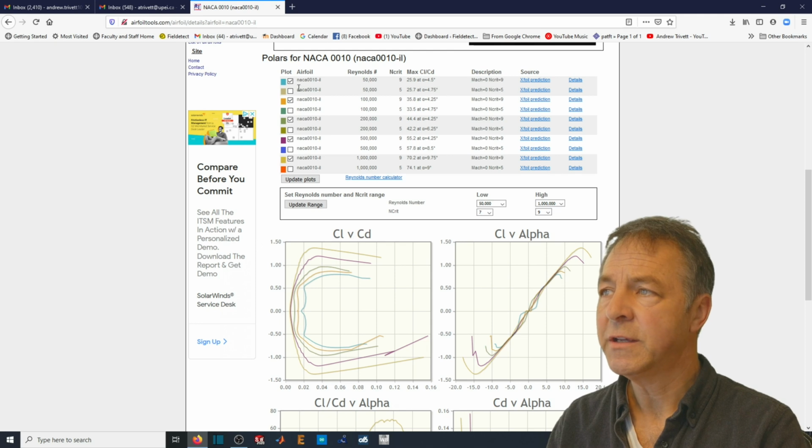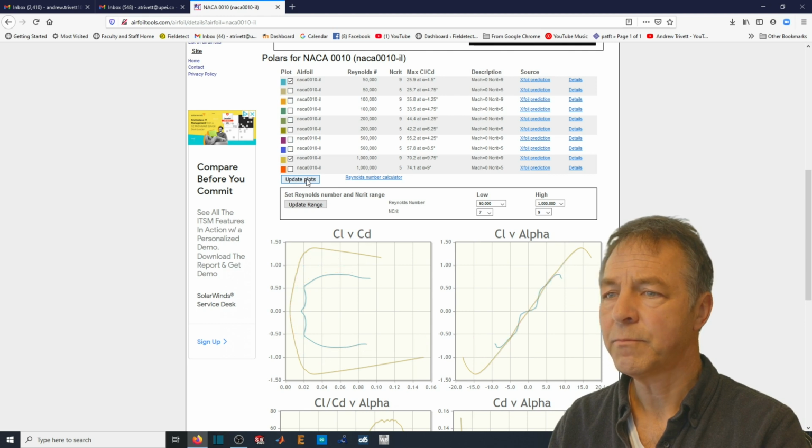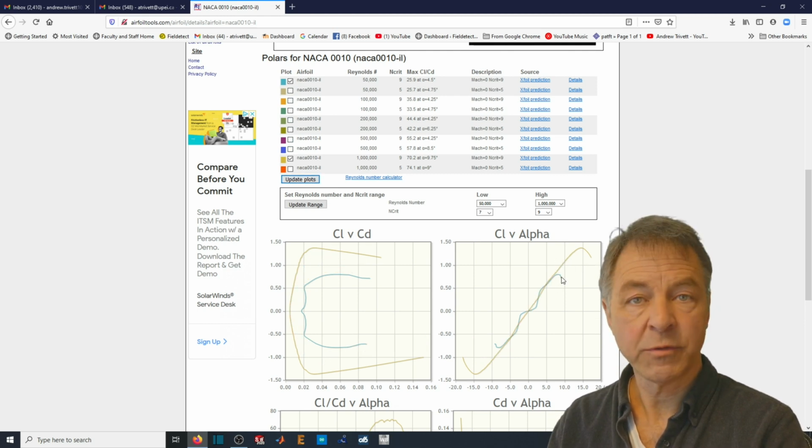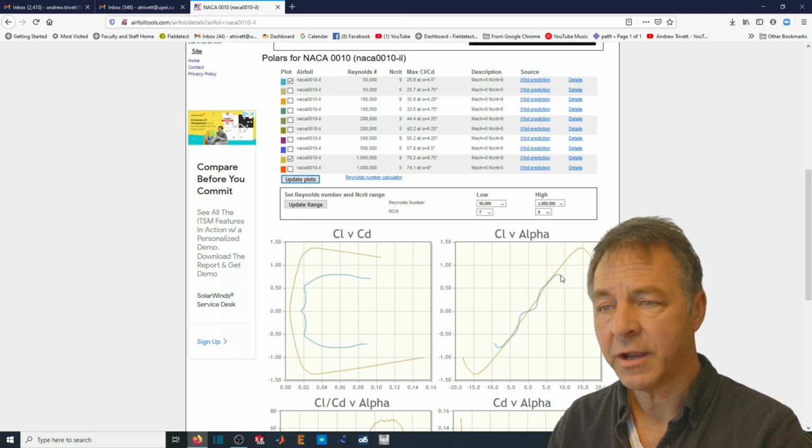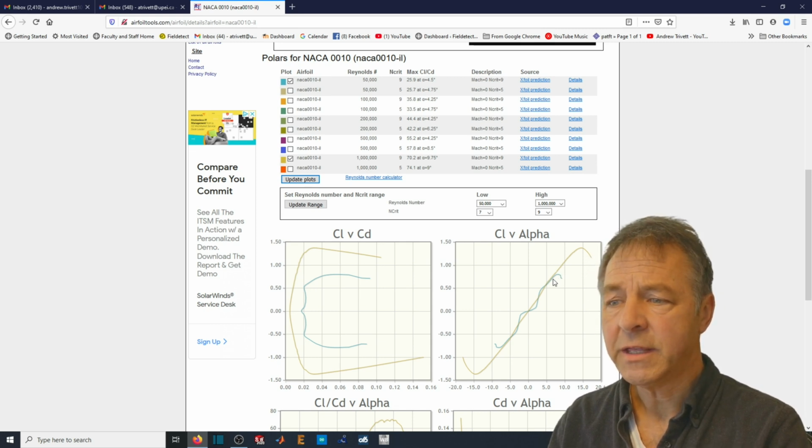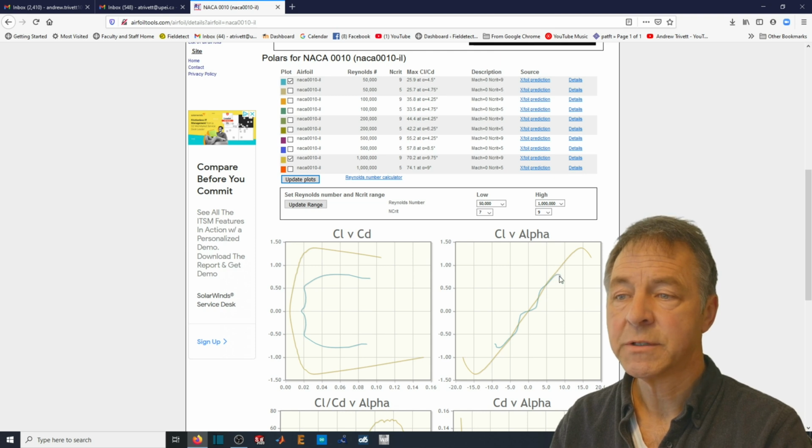So you'll see, if we were to look only at the extremes, we could see that for a low Reynolds number, or a low velocity flow if you want to think of it in air, the lift coefficient for the airfoil cuts off at only, say, 7 degrees.